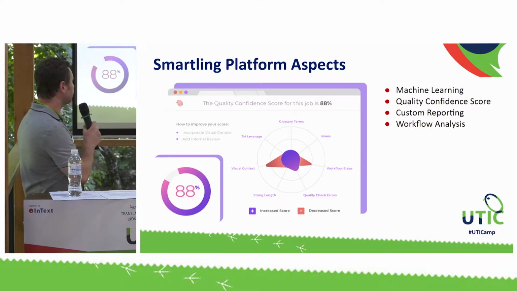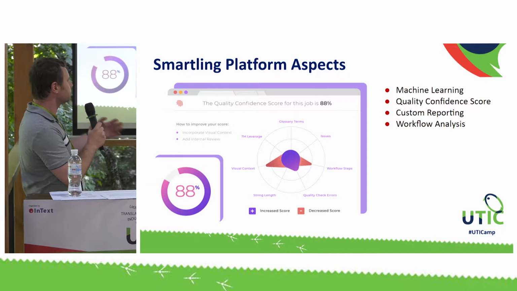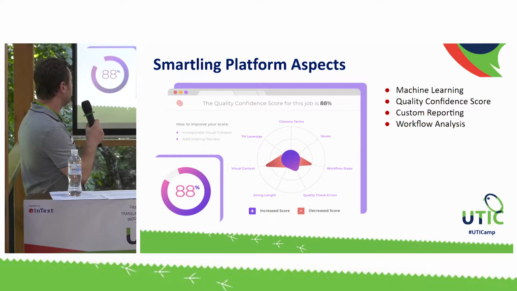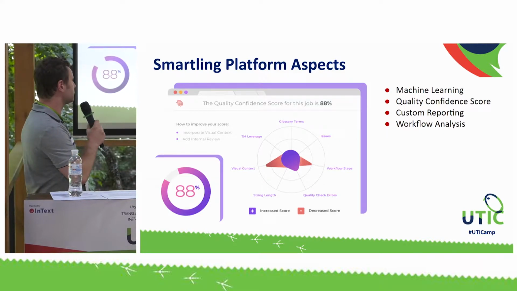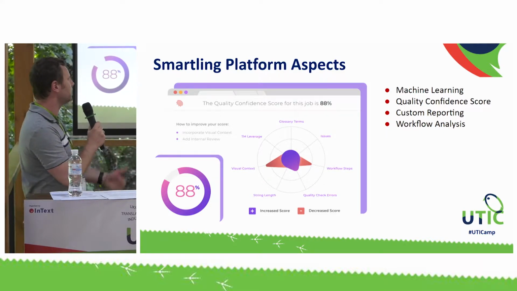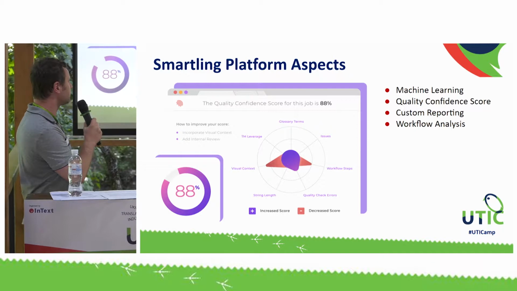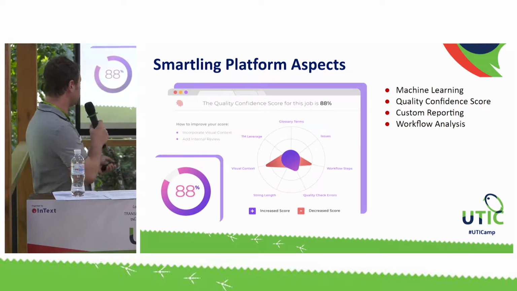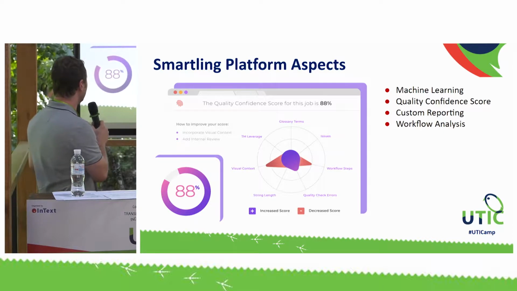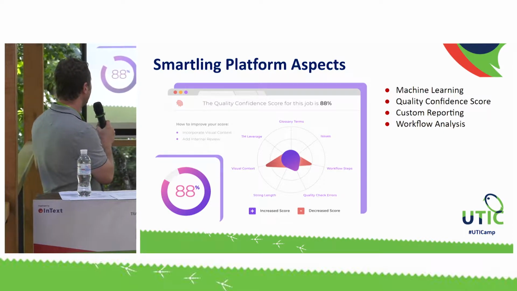It's always evolving based on how many translations we have and how much data we put into the system, as we saw earlier in presentations, that machine learning works by feeding large data sets. This image just shows that depending on how many quality check errors you get, you get an increased or decreased score.